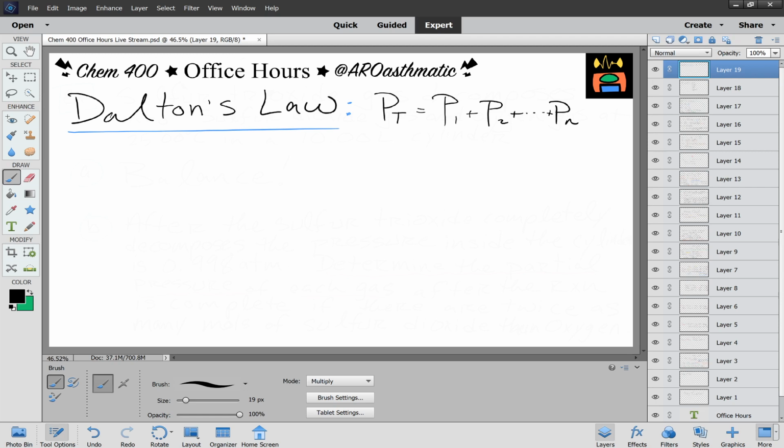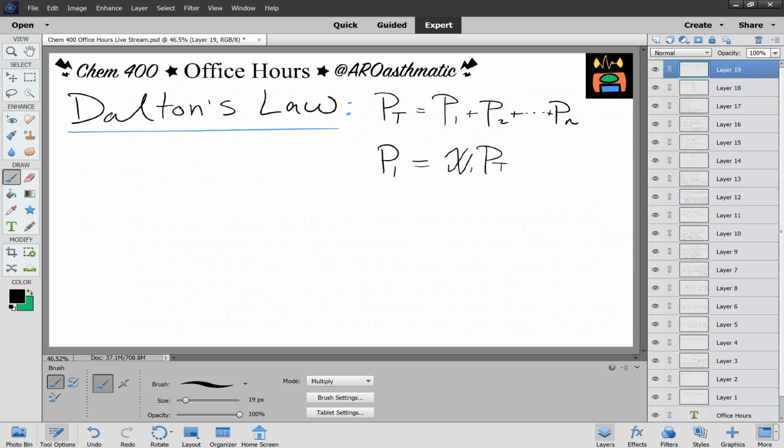The second way to formulate Dalton's law of partial pressures is like this. The partial pressure of a gas is equal to the mole fraction of that gas times the total pressure of the mixture.